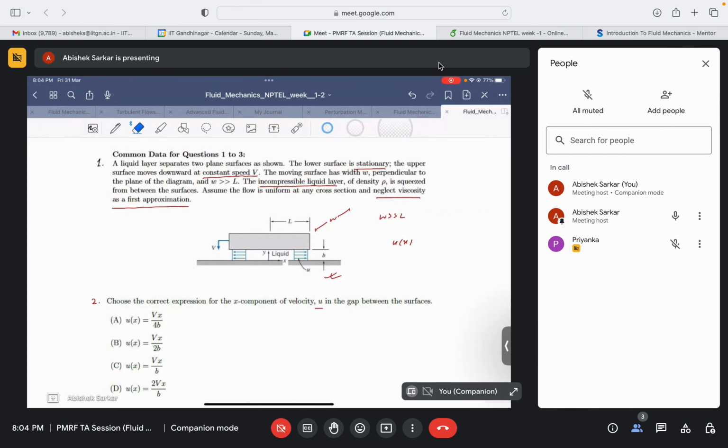So you need to take into consideration and use similar equations and try to obtain the value of u. Is the question clear? Yes, sir. Okay, just try to solve and see what the value is.